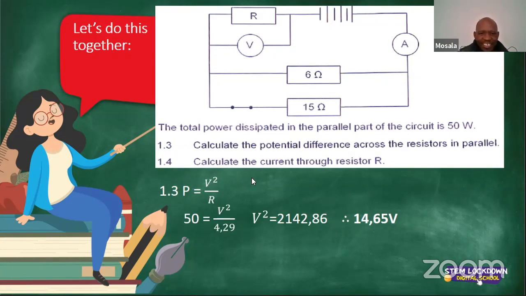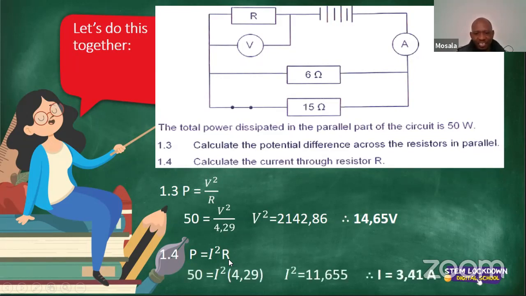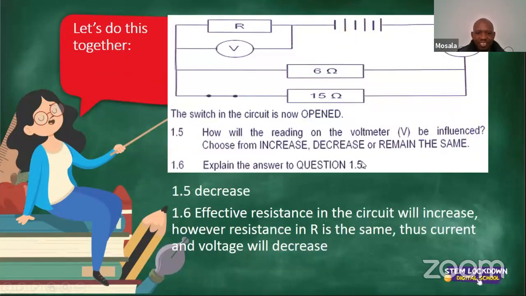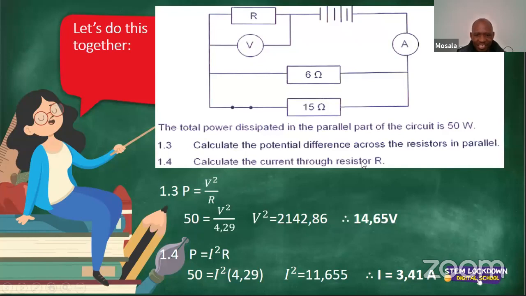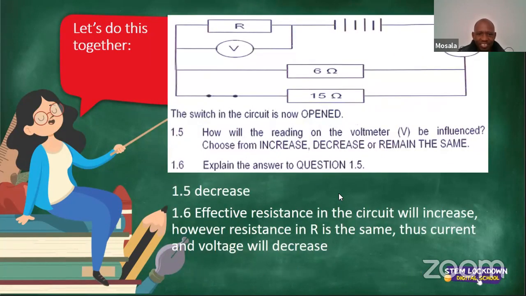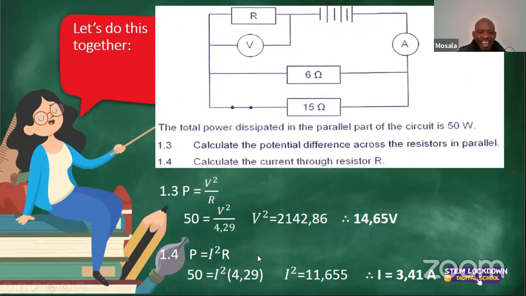We know that power equals I squared multiplied by R. This will be the power dissipated in the circuit.